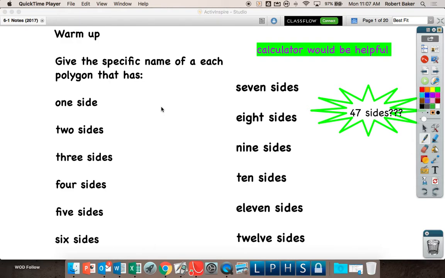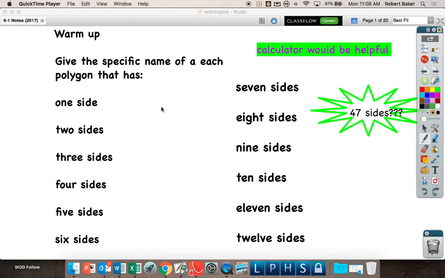A shape with 5 sides. Pentagon, because penta means 5 and gon means sides. 6 sides? Hexagon. 7 sides? So it could be a heptagon or septagon.